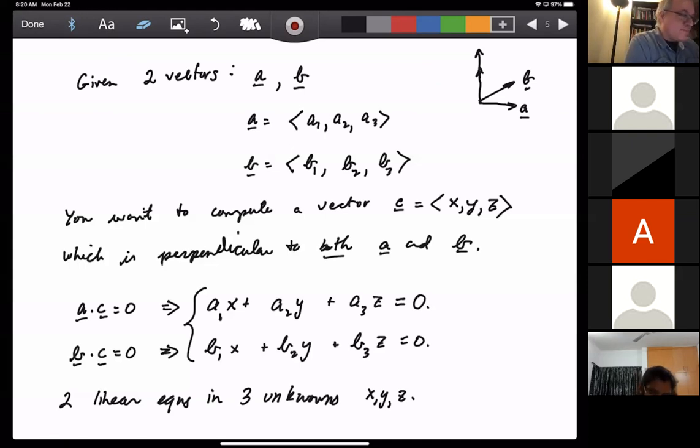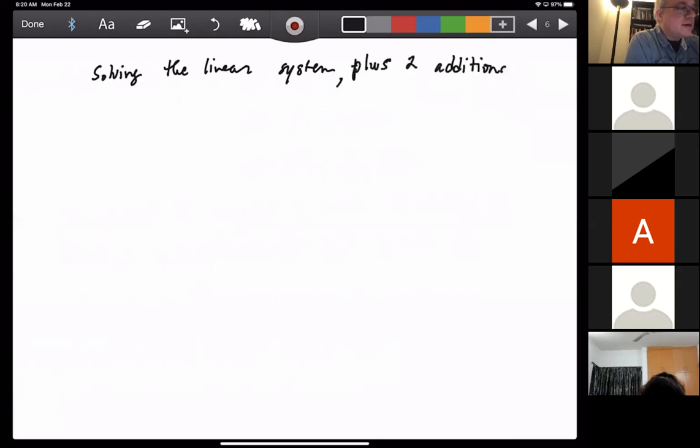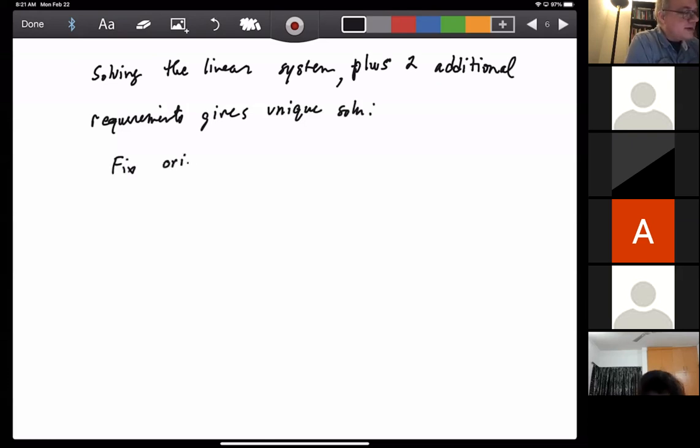So doing that, what we want to do is fix the orientation of the solution in reference to those two vectors A and B. And we want to fix the length of the solution.